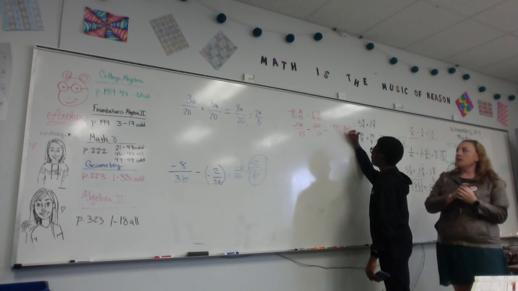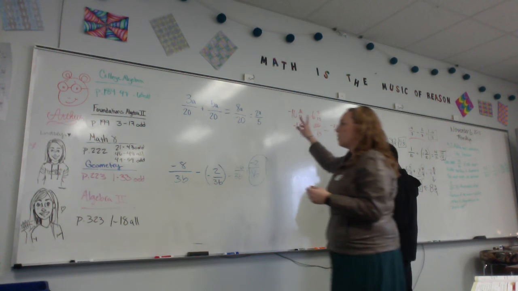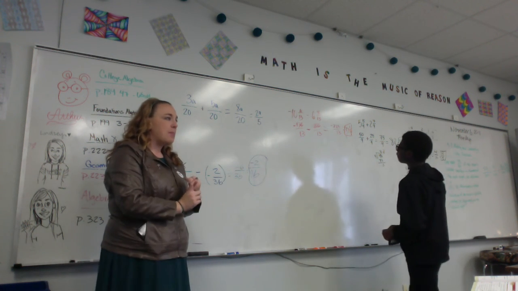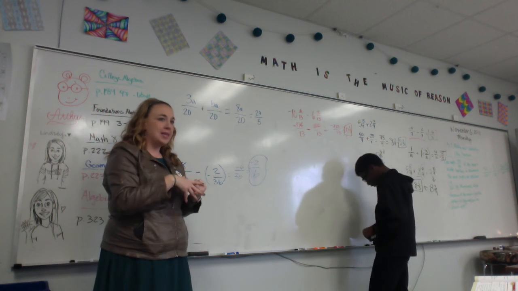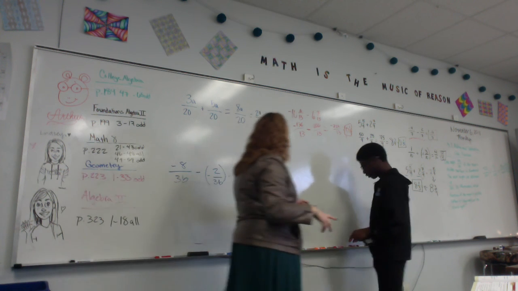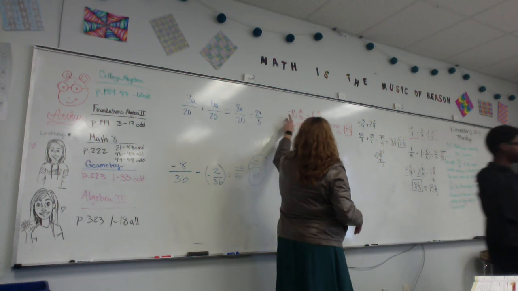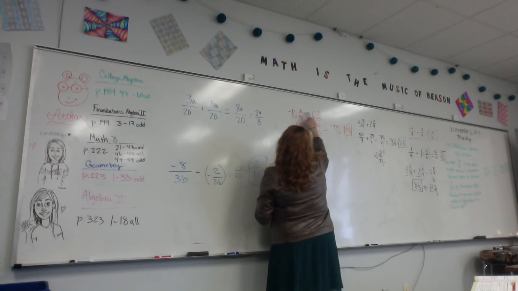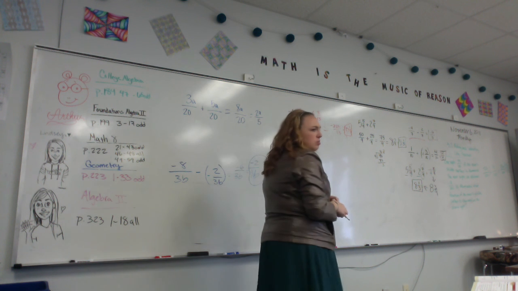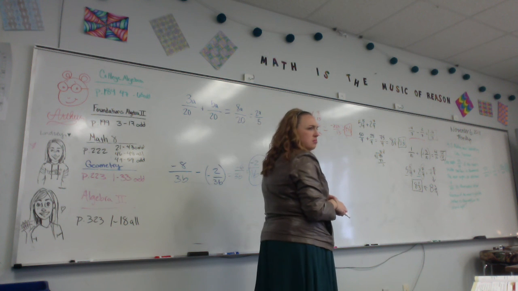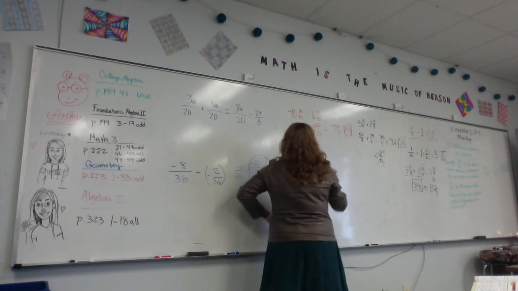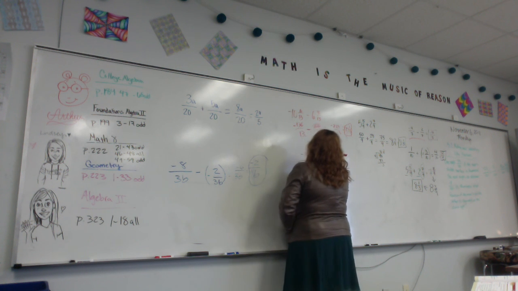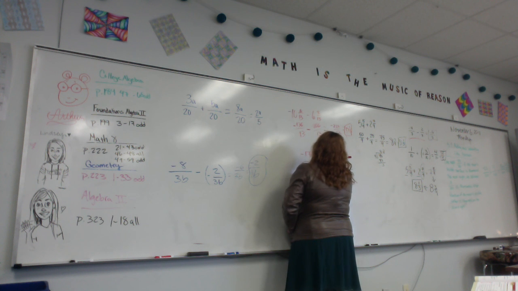When you are adding and subtracting mixed numbers, you can either change them to improper fractions and then change it back at the end, or I could have done negative 10 and negative 6 is negative 17. 6 and 8 is 14. 14 over 13, which gives me negative 18 and 1/13.